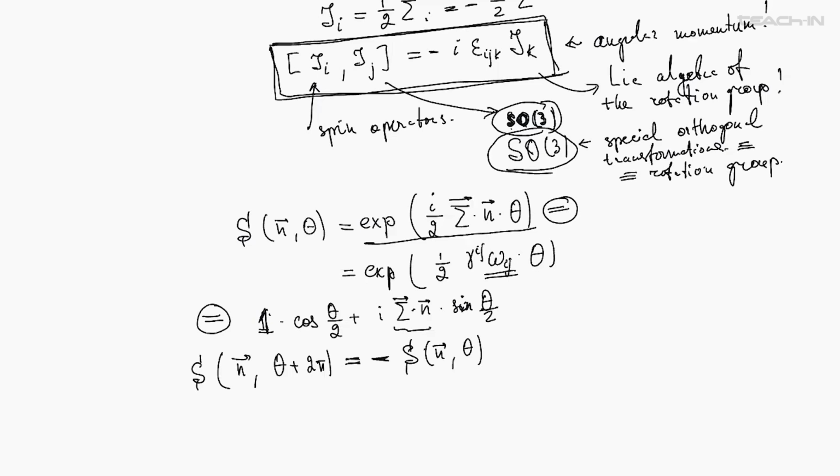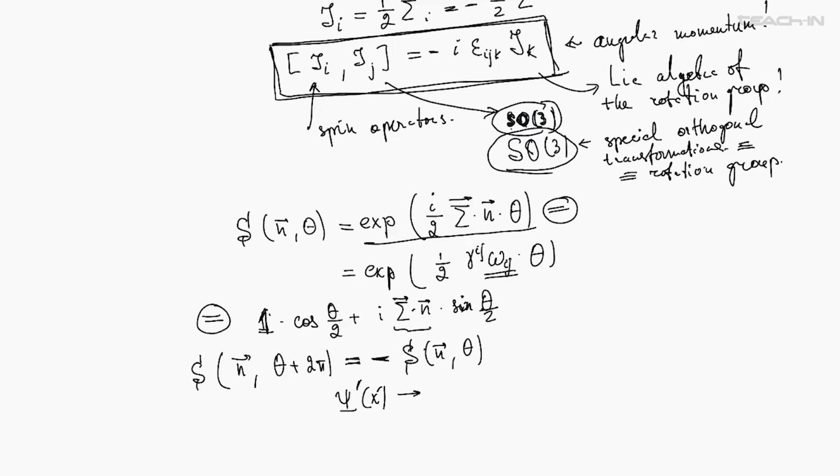So if you now consider the transformation of a spinor, that means that psi prime on x prime, upon performing such a transformation, will go to minus psi on x, but it does not return to itself.